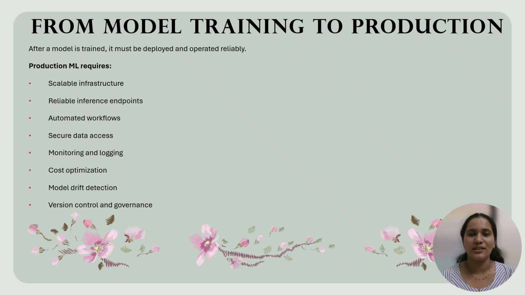It also needs reliable inference endpoints to provide fast and accurate predictions. Automation helps streamline tasks such as model deployment and updates. Secure data access protects sensitive information, while monitoring and logging help track system performance and quickly identify issues. Cost optimization ensures that cloud resources are used efficiently.